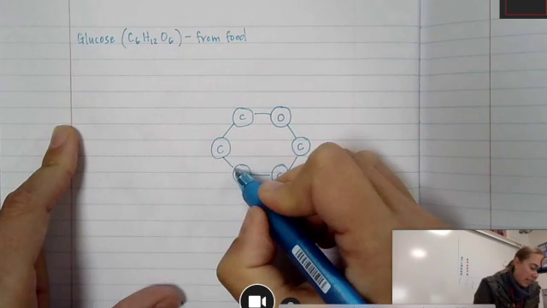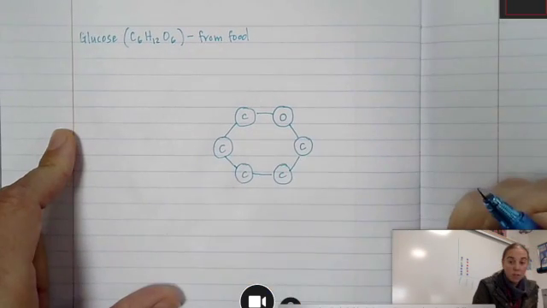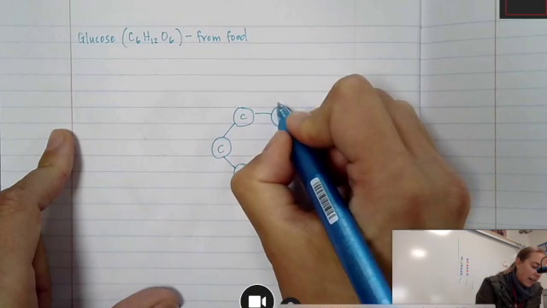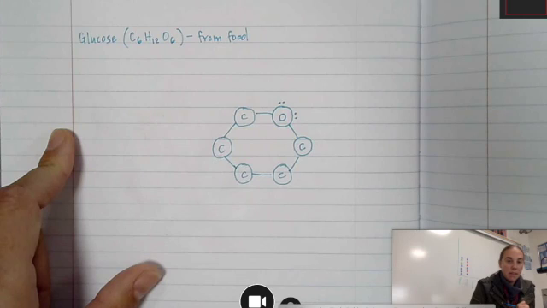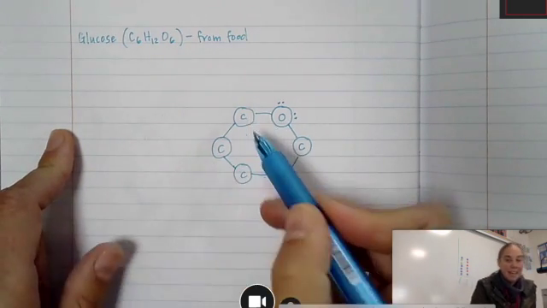Now, oxygen needs to have a total of 2 bonds because it also has 2 pairs of electrons. So that's my start of my ring structure, but you'll notice that there are only 5 carbons here, and there should be 6.